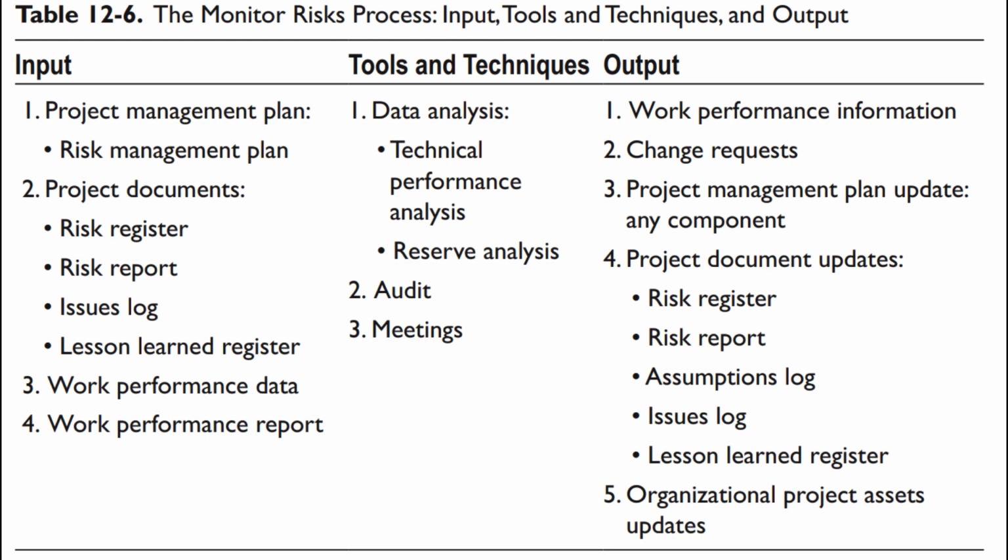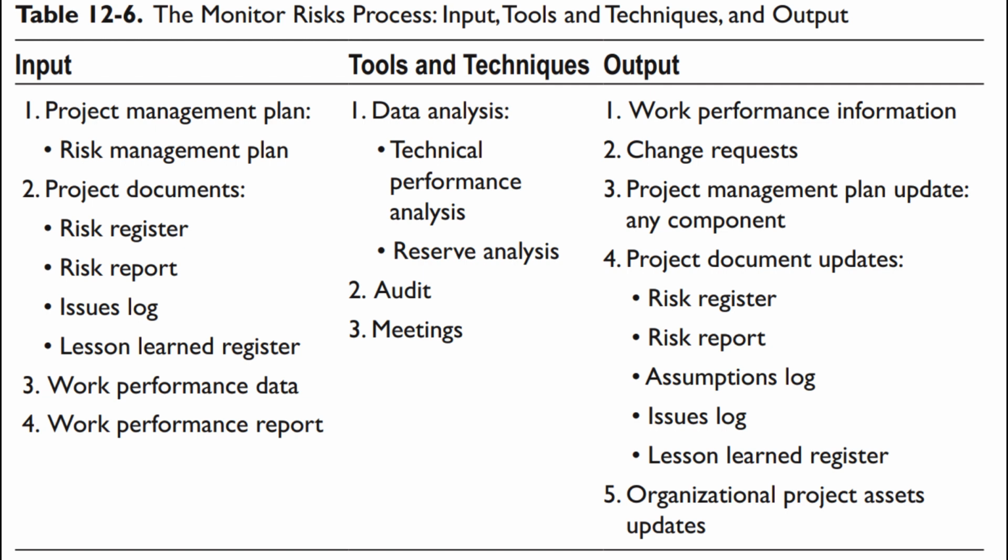Table 12.6. The monitor risks process, input, tools and techniques, and output. Input, tools and techniques, output. 1. Project management plan: risk management plan. 2. Project documents: risk register, risk report, issues log, lessons learned register. 3. Work performance data. 4. Work performance report. Tools and techniques: 1.